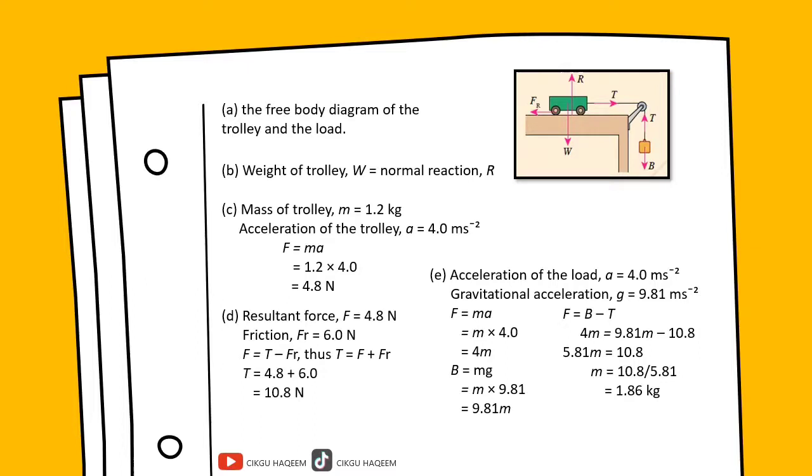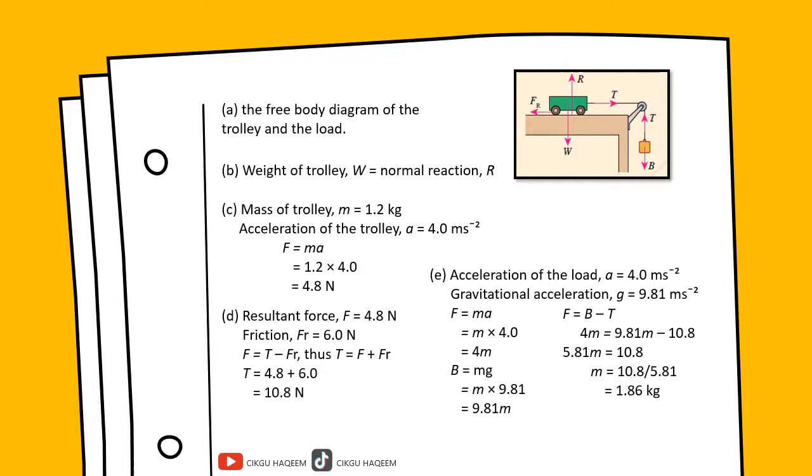So the two forces are not balanced, and the resultant force is not equal to 0. That's why the resultant force is 4.8 Newton to the right, following the direction of the larger force.